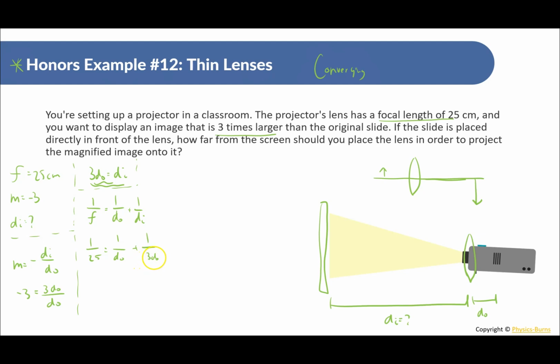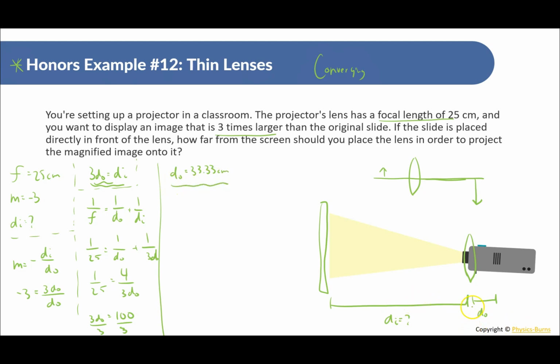So let's just simplify some things. 1 over 25 is equal to 4 divided by 3 distance of object. Hopefully you guys can do that. And we'll just cross multiply a little bit. 3 distance of object is equal to 100 divided by 3. And we should say distance of object is going to be equal to around 33.33 centimeters.